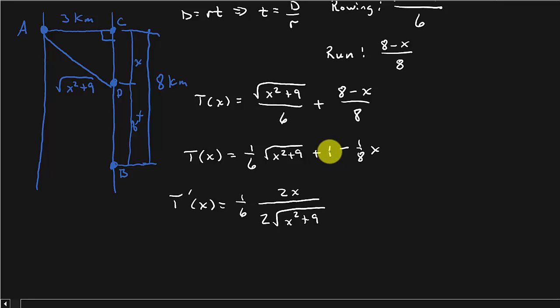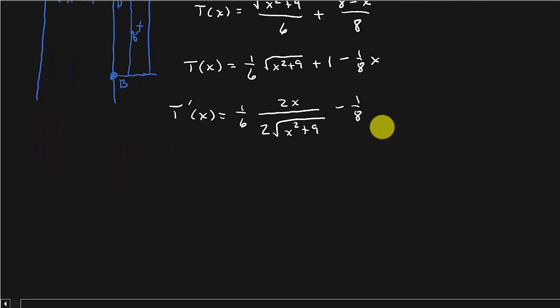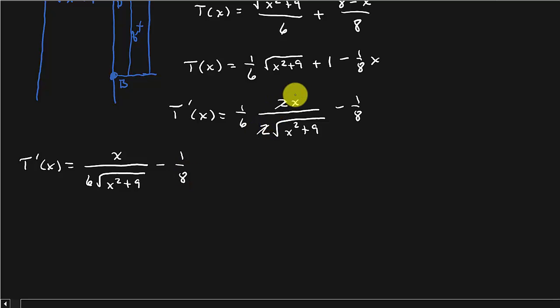And then the derivative of 1 is 0, and the derivative of minus 1/8 x is minus 1/8. And so we get t prime of x is equal to x over 6 square root of x squared plus 9 minus 1/8. All I did there is cancel the 2's.